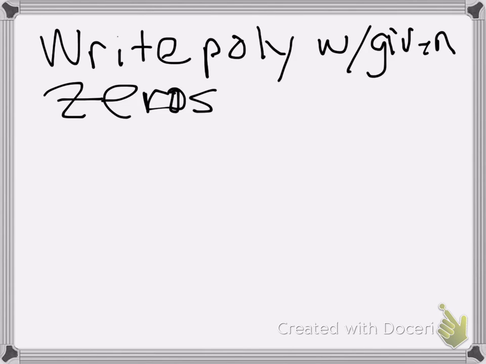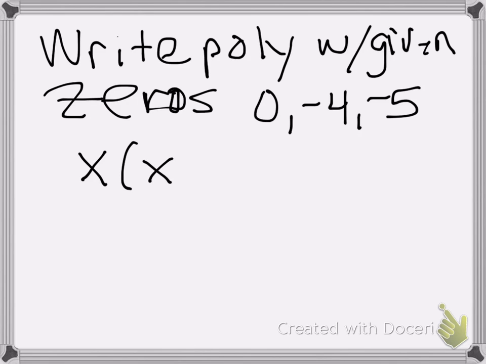This thing is really hard to write on, I apologize. So I'm going to have 0, -4, and -5. Well, if those were zeros, we know that x had to be standing alone if 0 is a zero. And then we changed the signs, and we know x plus 4 had to be a factor, and then we know x plus 5 had to be a factor.